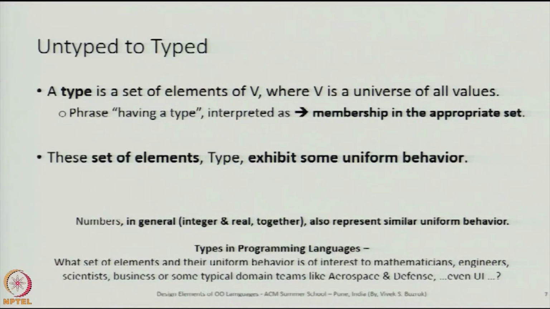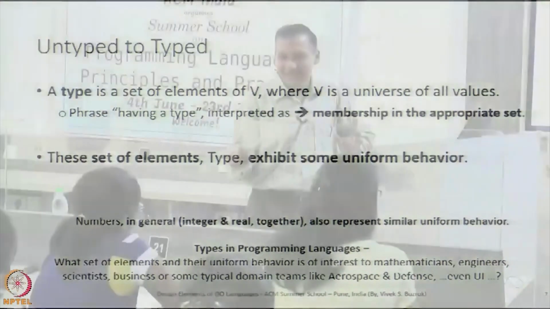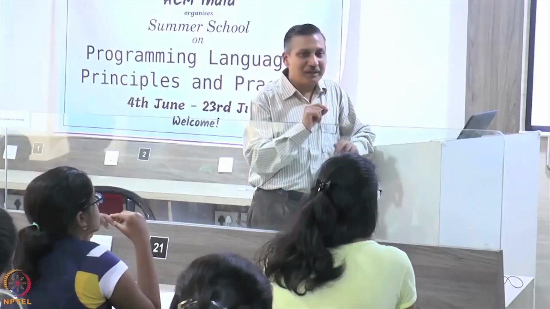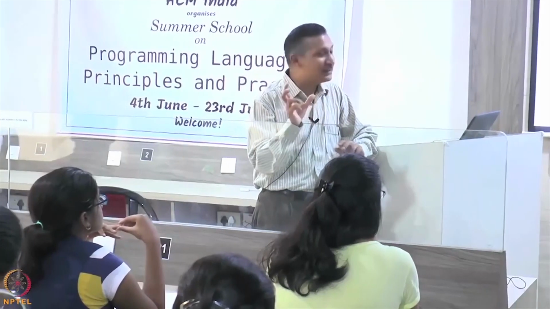So, when we say integer, a certain behavior is expected. When I do 5 star 10, or 5 star I, with I representing a variable of integer, a typical behavior is expected, and that uniform behavior is very important. It is basically a set of elements.